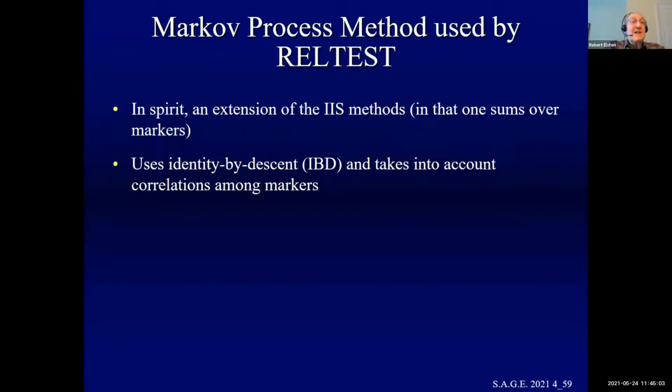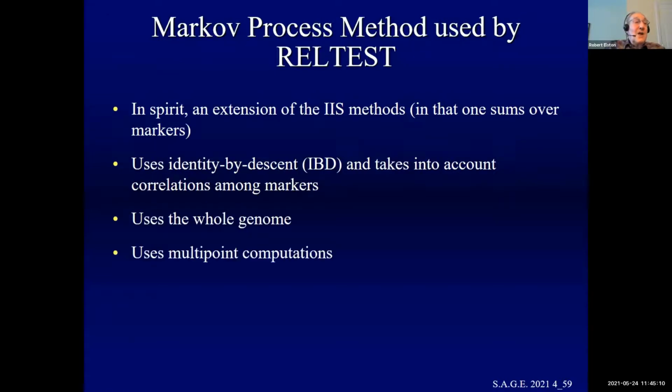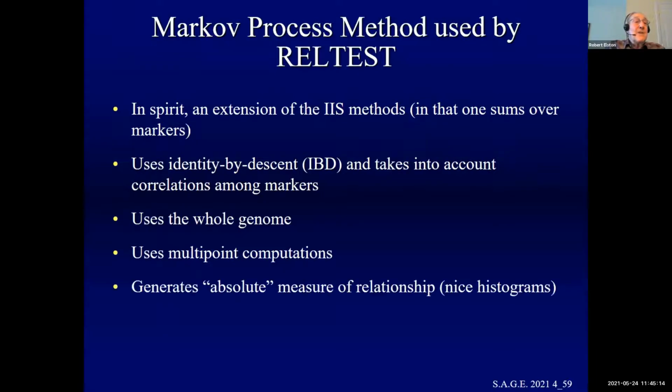That's the main thing. It uses the whole genome and it uses multi-point computations. It generates absolute measures of relationship, gives you nice histograms, and it's close in power to likelihood methods.